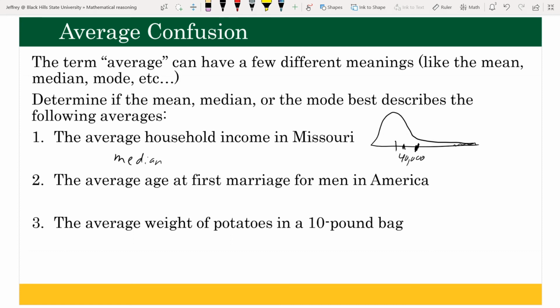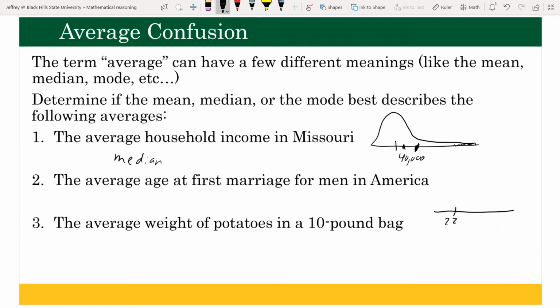Number 2, the average age at first marriage for men in America. Now, with this, I would guess that the average would be, let's say, 22, right? Might be a little bit higher, might be a little bit lower, but it's about 22. And it is possible for people to get married in their 60s or 70s or even older.